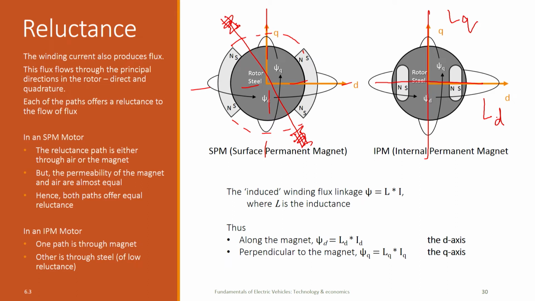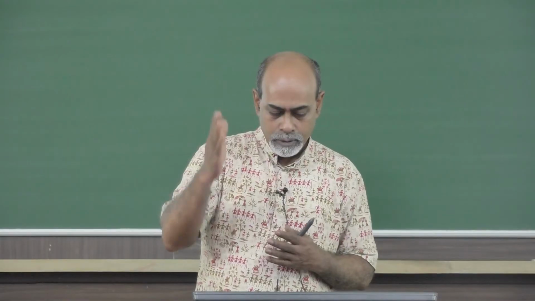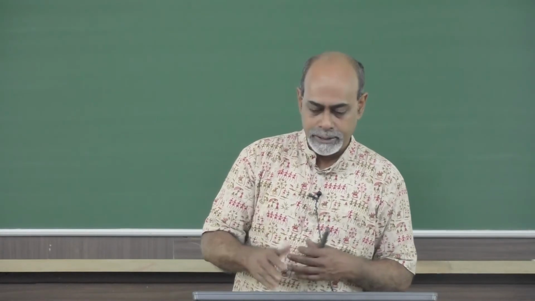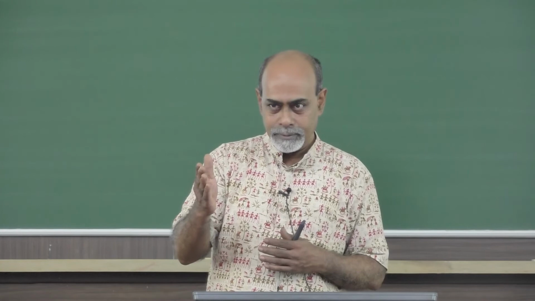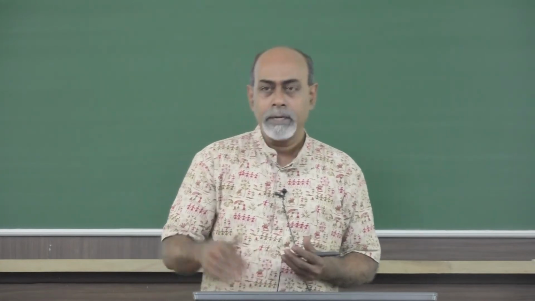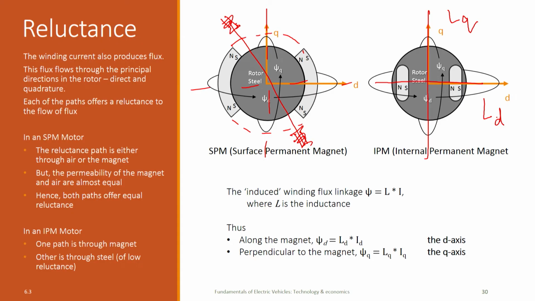In fact, they will not be in general equal, because the flux along the d axis is LD into ID, the flux along the q axis is LQ into IQ. Since the angle that the flux is making with the d and q axis is arbitrary, it is not symmetric, therefore, IQ will be different from ID.